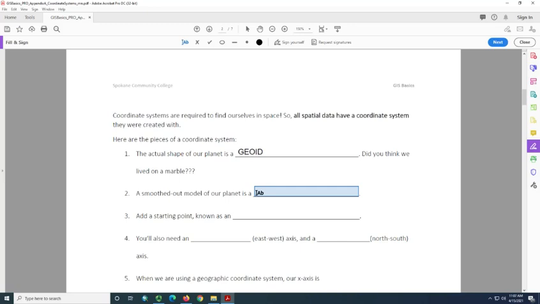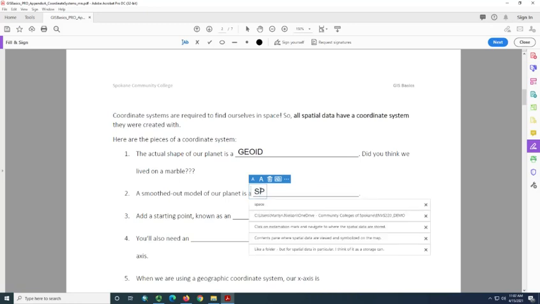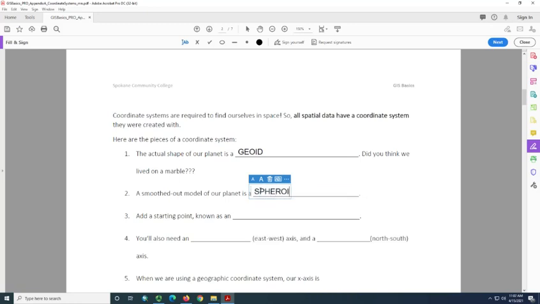It's still not perfectly round, but we have a few different spheroids that we model the shape of our Earth on, and we say, okay, if we're mapping this section of the Earth, maybe over Northern Europe, if we smooth that lumpy geoid out like this, it works pretty well for matching up with Northern Europe, okay?